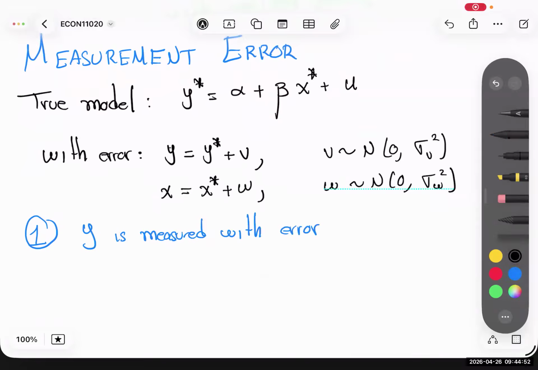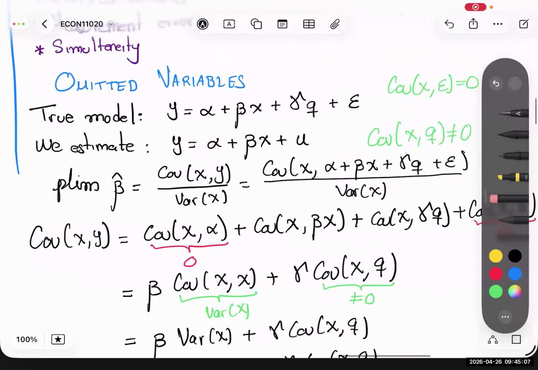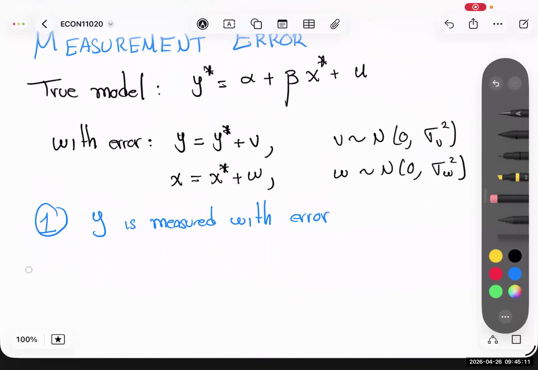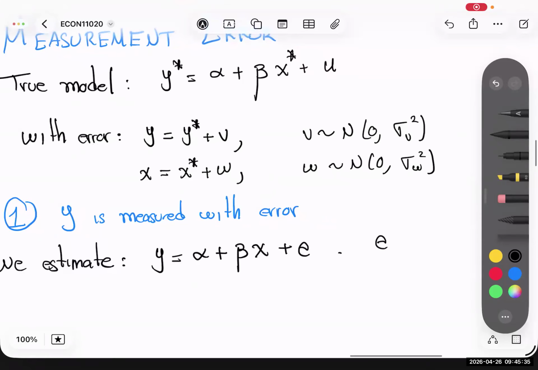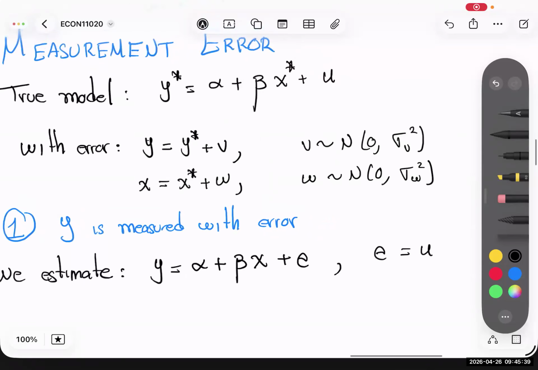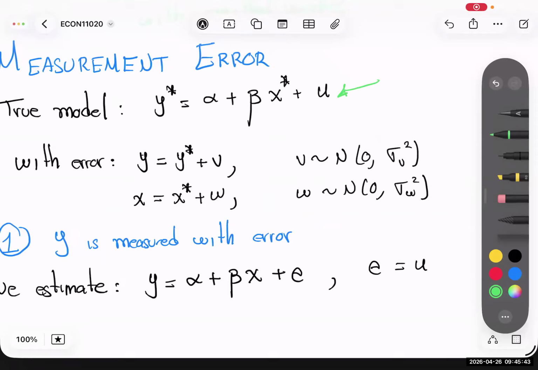If that is the case, then what we will observe is that my y, in the model that we estimate, is now alpha plus beta x plus an error e, where this error e is the sum of the error that originally we had, plus the error that comes from measuring y with mistake.